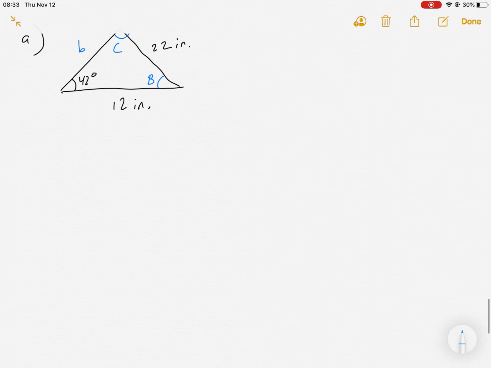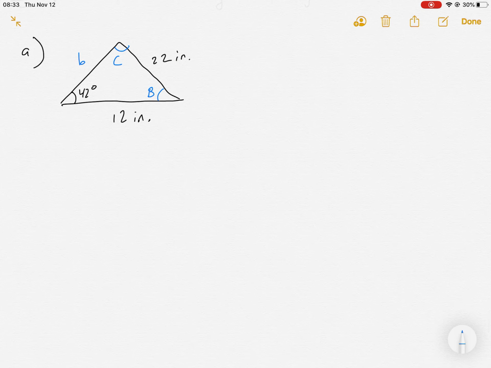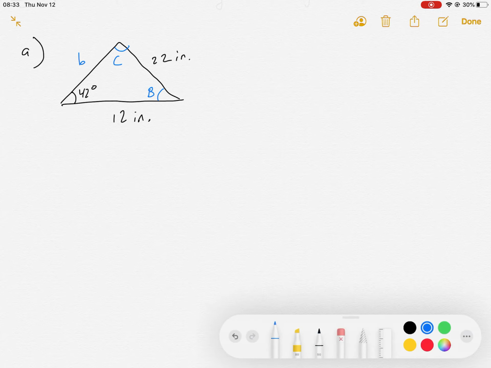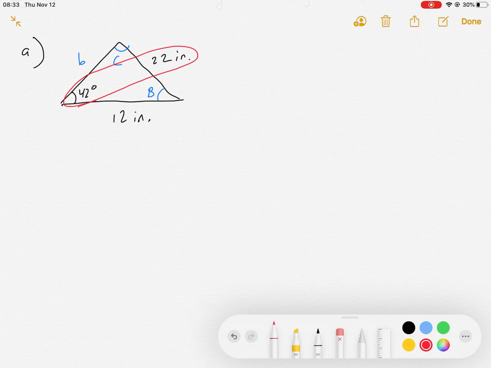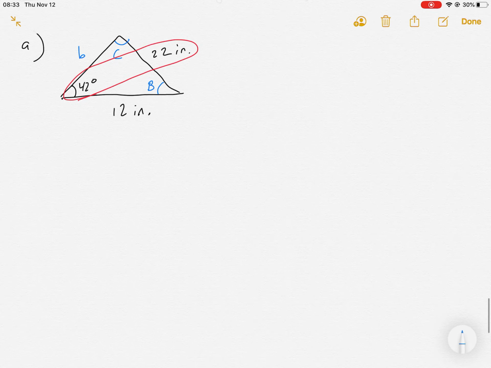And now we need to solve. Unfortunately, we can't use that the sum of all angles in a triangle is 180. So we're actually going to go straight into law of sines and figure out what we can do. So notice I am given an angle and a corresponding side. So that's the ratio I'm going to be using. And let's just say I want to solve for capital B, the angle. I'm going to actually use the reciprocal version of what we've been using so that my angle is already in the numerator.